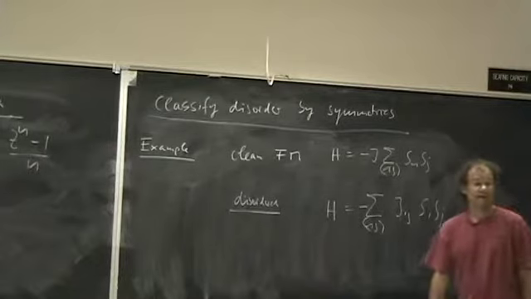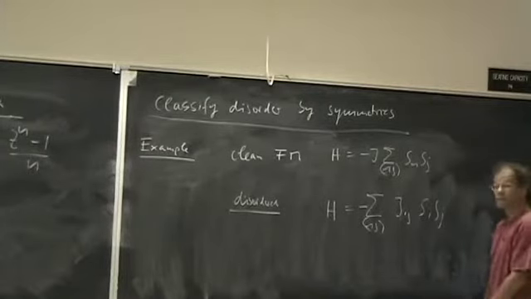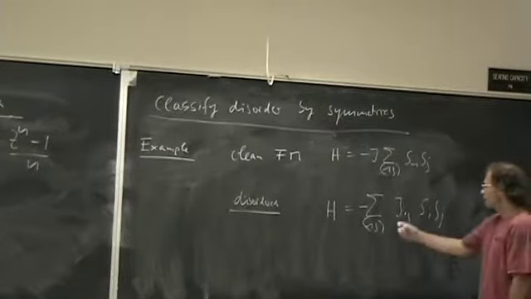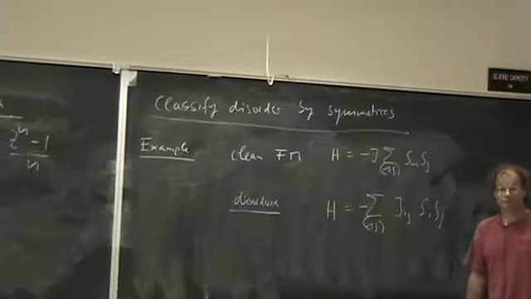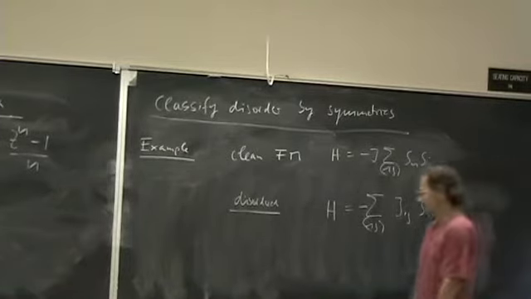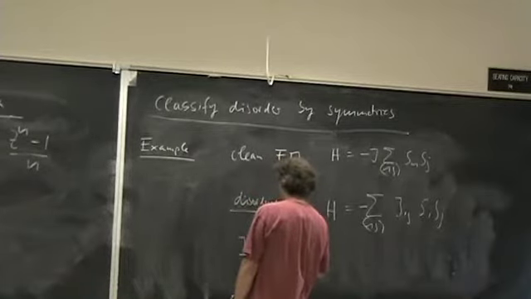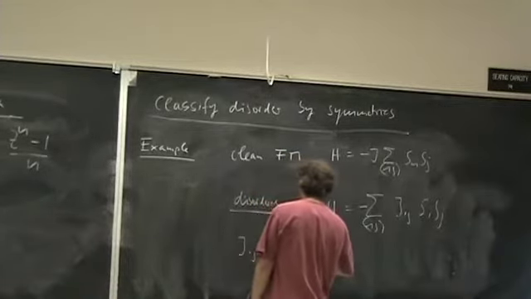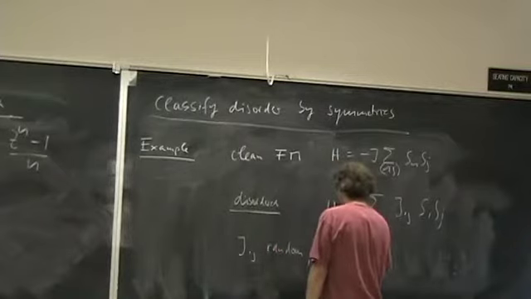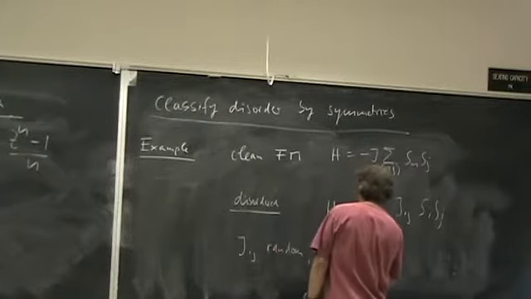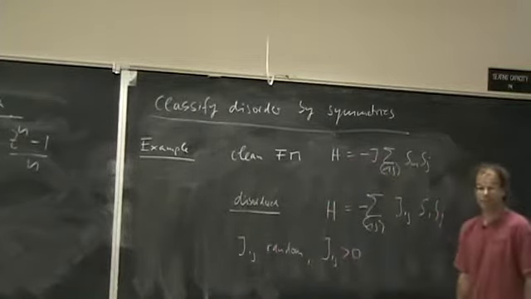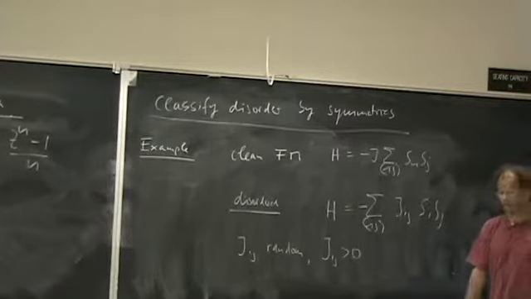And let's assume the variations are weak. In particular, let me require that these J_ij's are still all positive. So J_ij are random, but all J_ij are larger than 0. They're all still ferromagnetic.